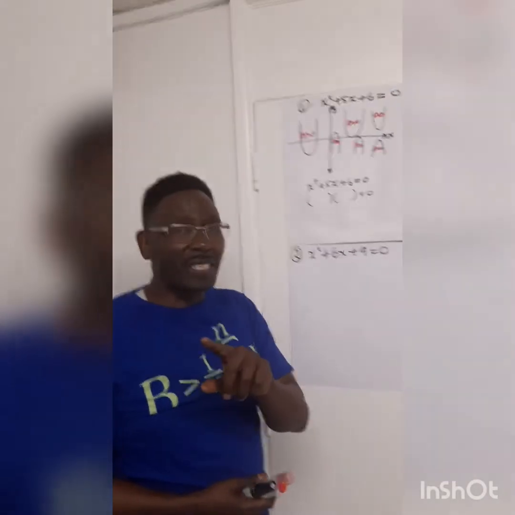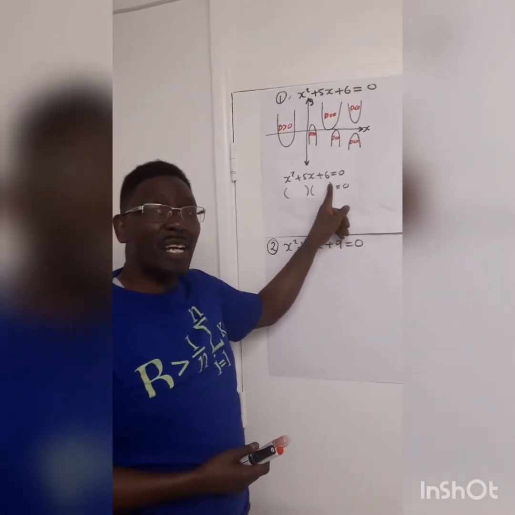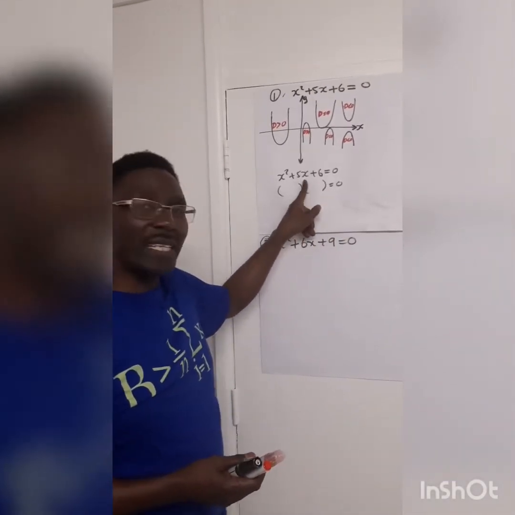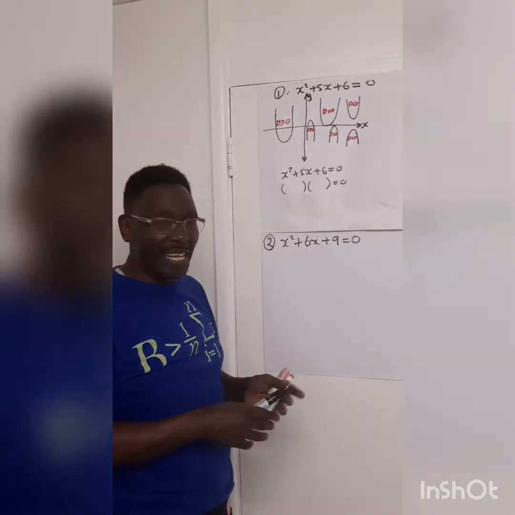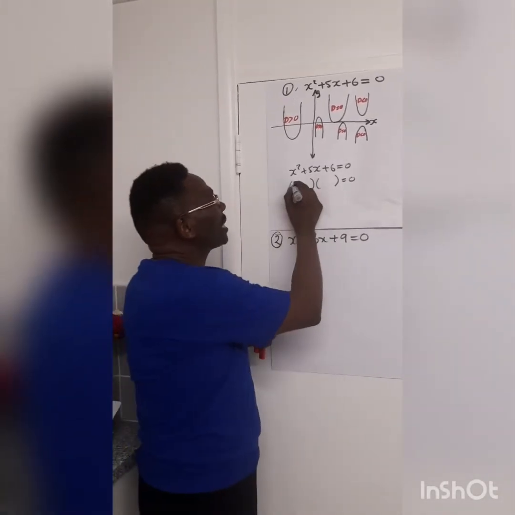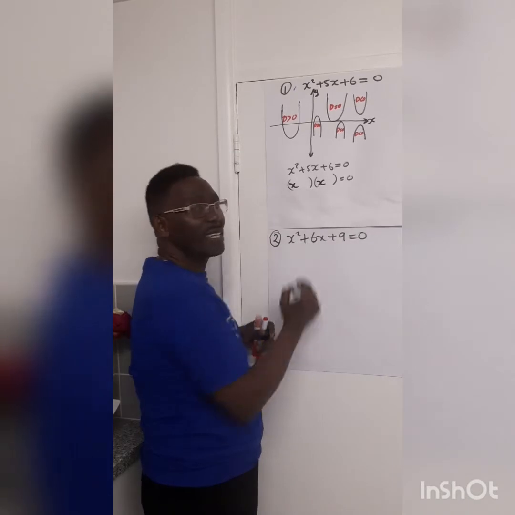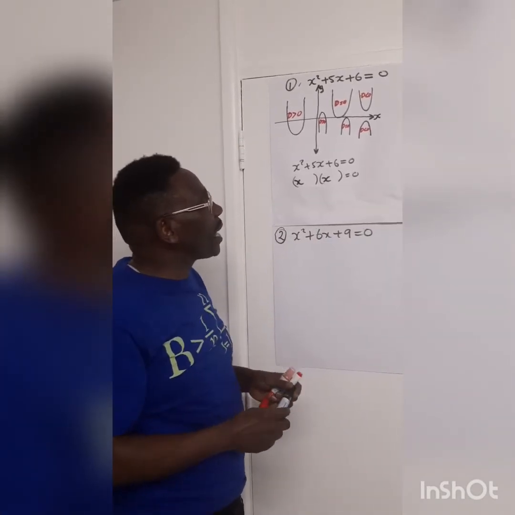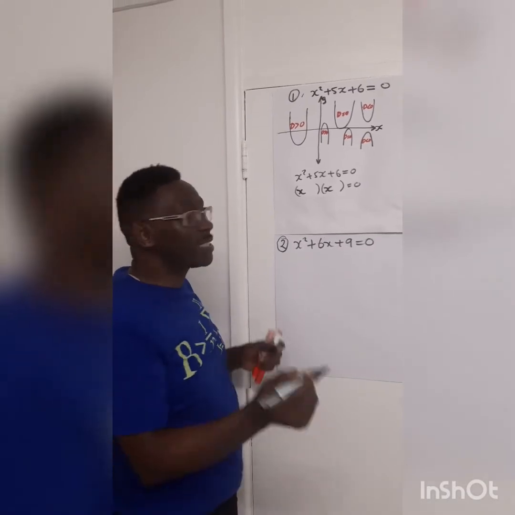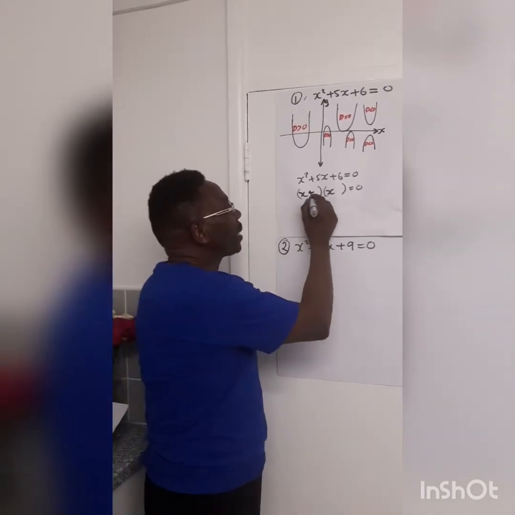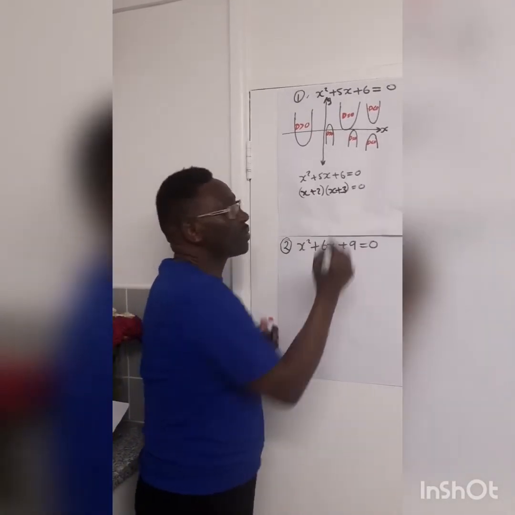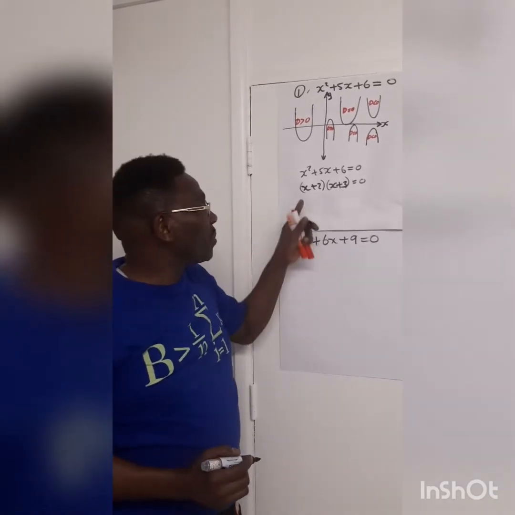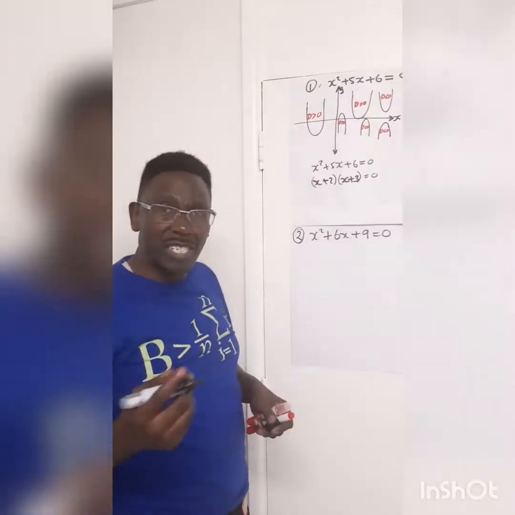When we multiply those factors, we get 6, and when we add those factors, we get the coefficient of 5. So we put in x there and x there, and two factors that multiply into 6 and add up to 5 are 2 and 3. So plus 2, plus 3. And then we solve each one of these equations separately.